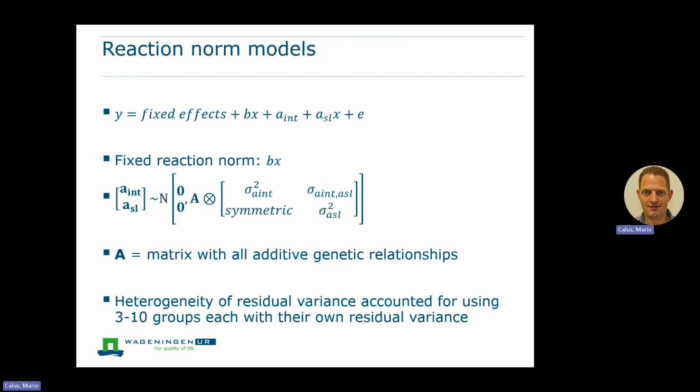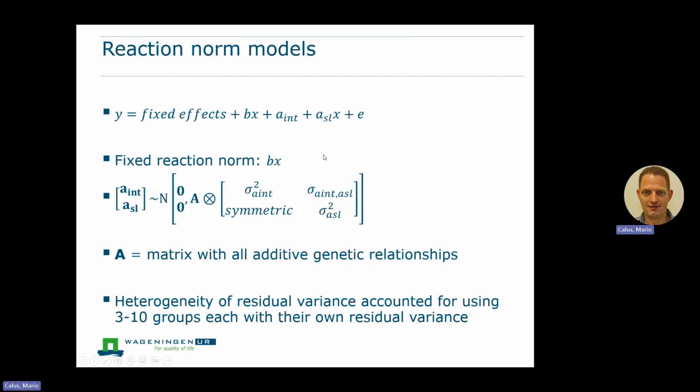For the reaction norm models, it looks a little bit different. We have one model statement that captures all the different environments and possibly repeated observations of the same genotypes. So we have that the phenotype is equal to a bunch of fixed effects. Then we have this Bx here. That's actually typically a population average curve from which we model the deviation of the individuals to be their breeding values.